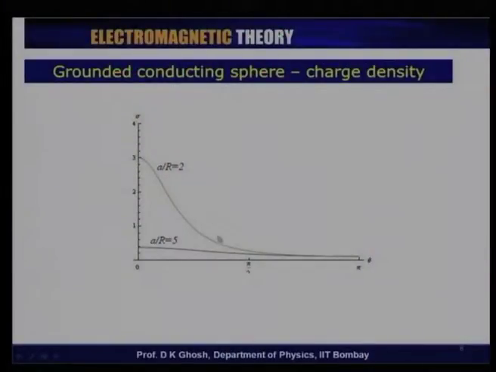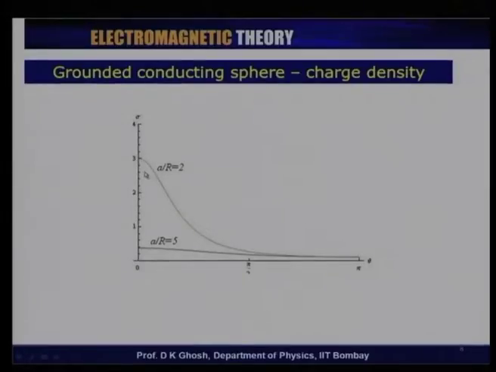as expected, the angle theta, which is the direction directly opposite to the point where I have got the object charge, that is where the charge density is maximum. You have to realize that I am just drawing it on the positive quadrant.